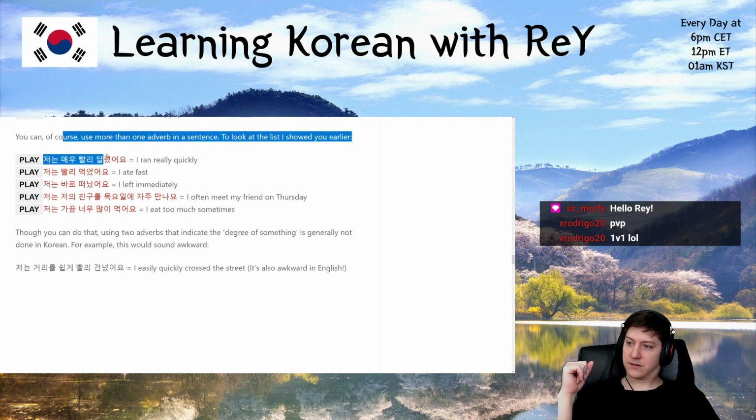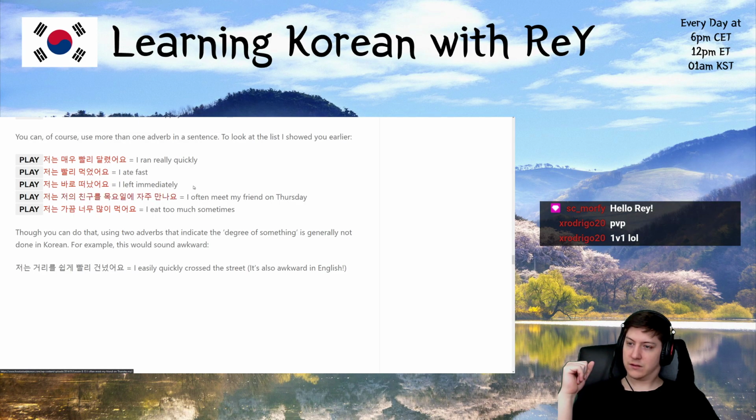In most cases, but I have to say it's mostly before the verb, right? In this case we have the object here, then we have the adverb, like on Thursday, and then we have another adverb, often, and then we have the verb.